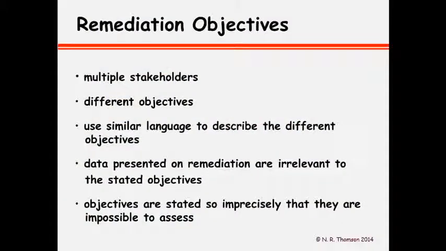For example, if the stated objective of a site was to reduce mass, and the data reported are quarterly reports on groundwater concentrations at a nearby well, although those are related to each other, the data are not presenting a clear understanding of the stated objective to reduce mass. And quite often, objectives are stated so imprecisely that they are impossible to assess.